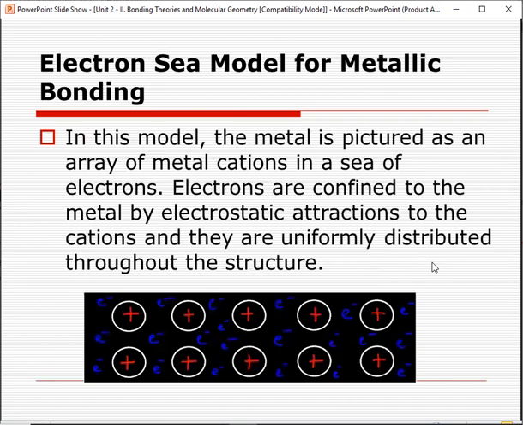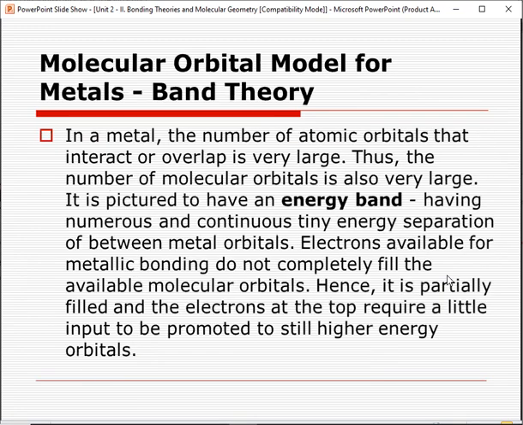So electron sea model for metallic bonding. In this model, the metal is pictured as an array of metal cations in a sea of electrons. Electrons are confined to the metal by electrostatic attractions to the cations, and they are uniformly distributed throughout the structure.